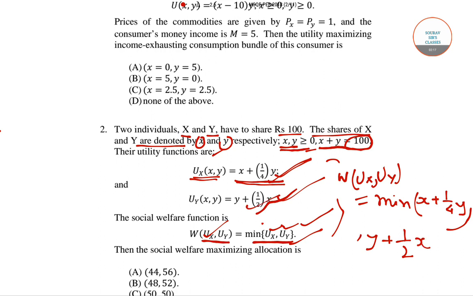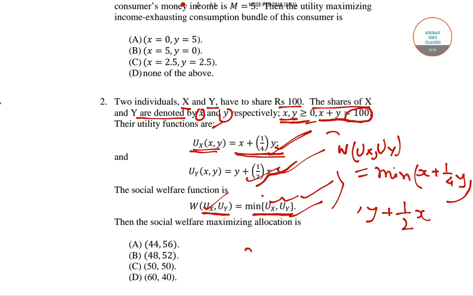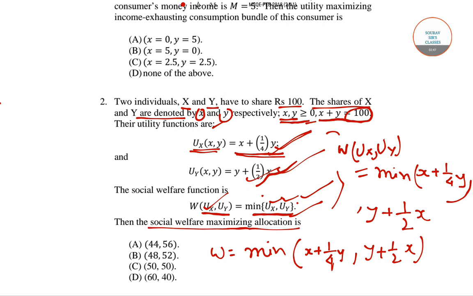So now we have got the equation to be like this, that is minimum of x plus 1 by 4y, comma, y plus half x. This is the social welfare function which is given, and we have to find the social welfare maximization allocation.